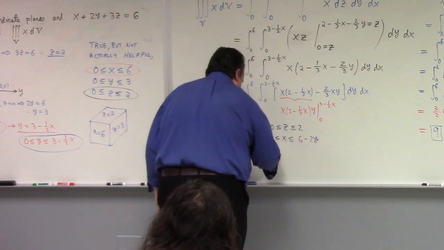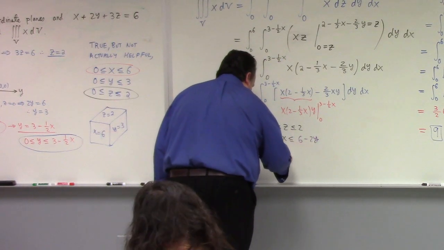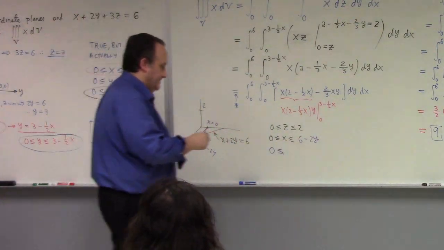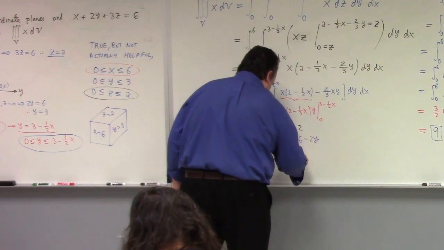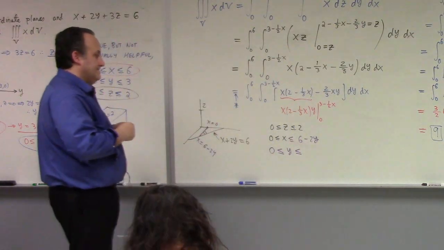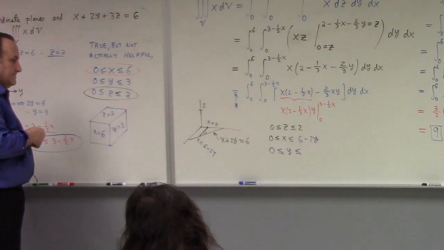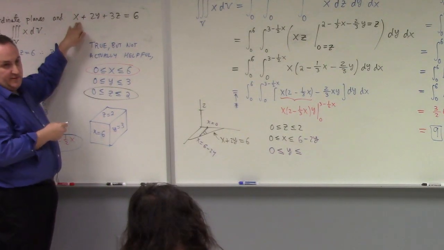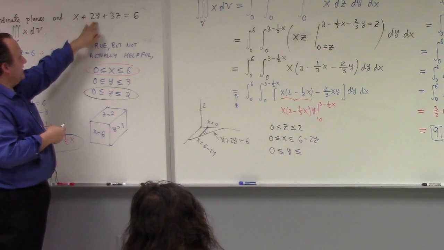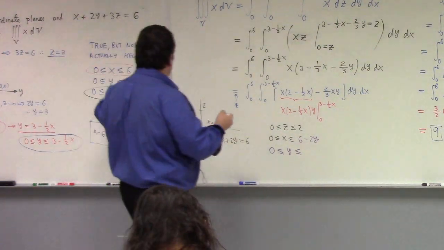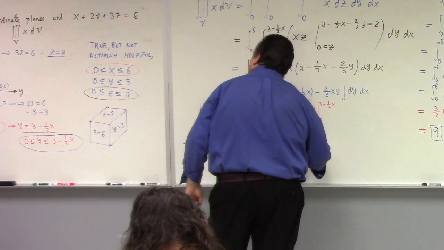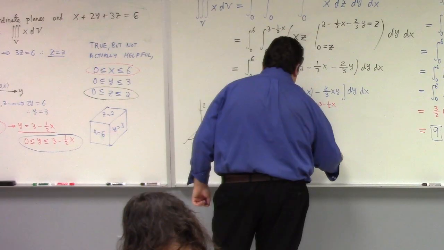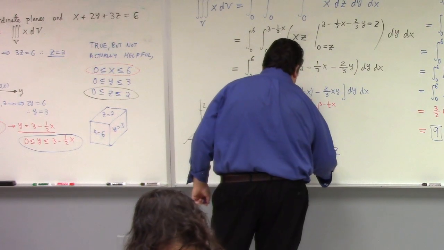And then how about my y? Yeah, that's governed by the plane, right? So I got to solve that for y, and I get 6 minus x minus 3z all divided by 2.